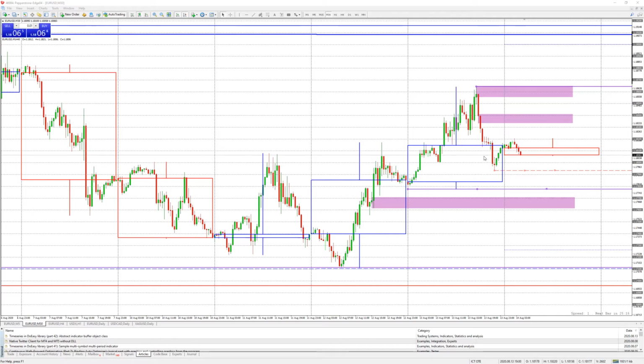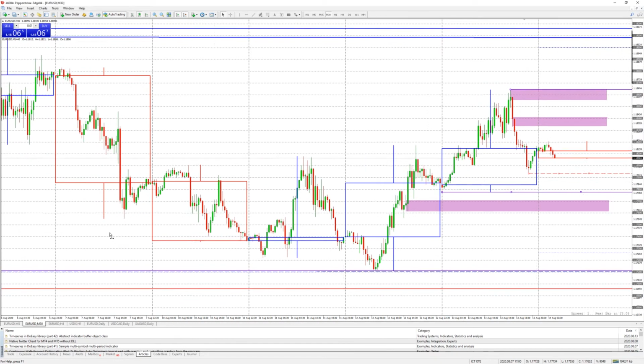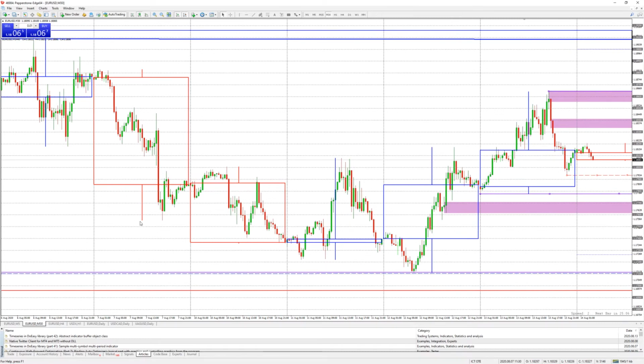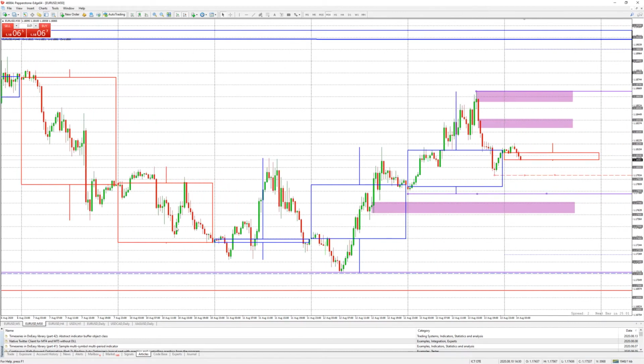So we have to go 2 days back, right? This wick did not intersect this day's body, but you want to look back. You had this one intersecting this candle's body.